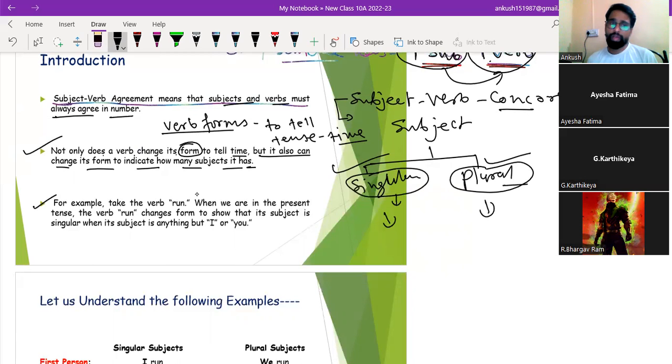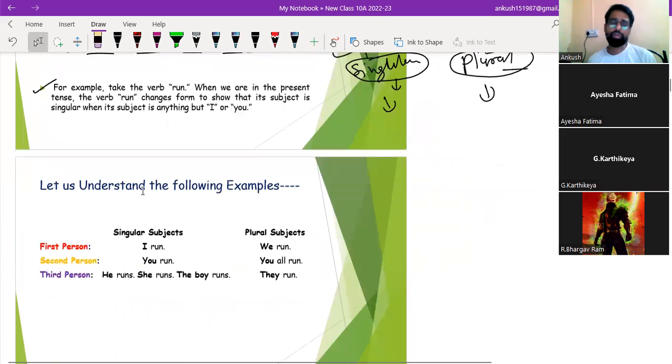Okay, so verb forms are used to tell the tenses, meaning the time, but sometimes they tell us how many subjects are being used with them, whether singular or plural. For example, take the verb run.